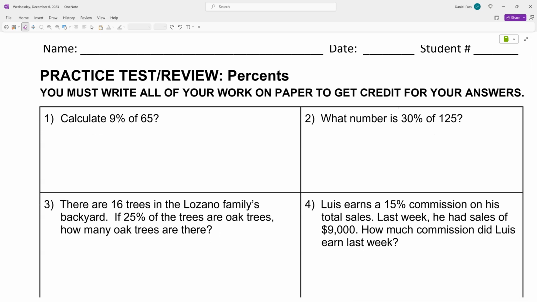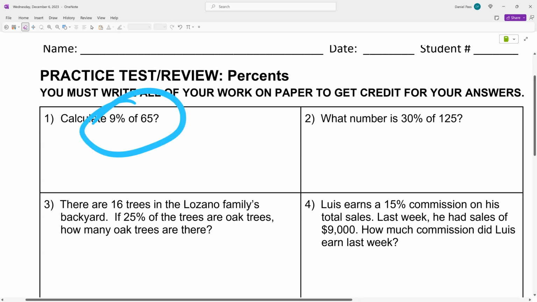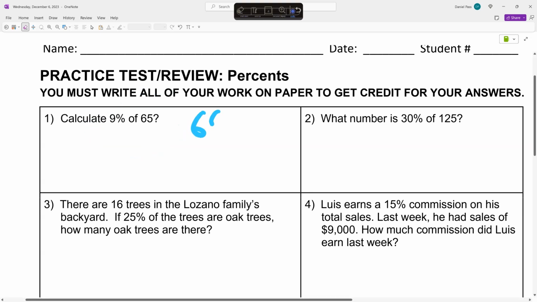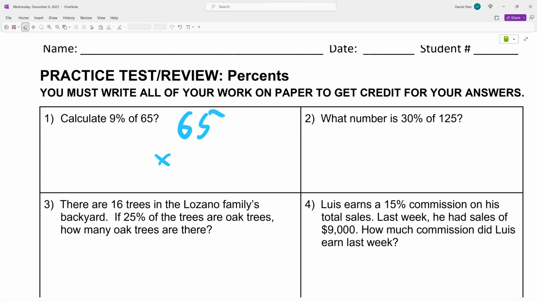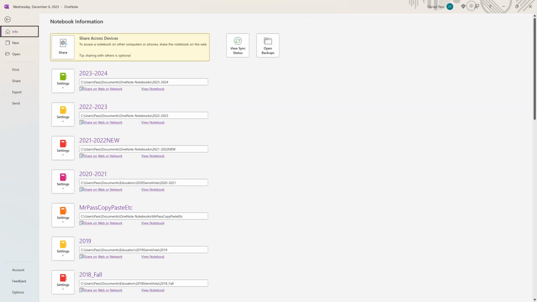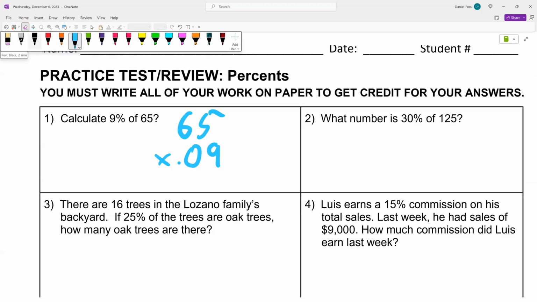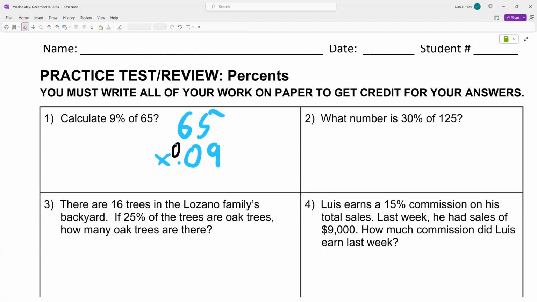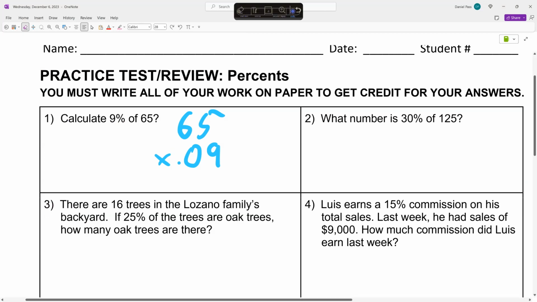Here we go. Anybody want to tell me how to do this? You do 65 times 0.09. Now you don't have to have the zero in front of that. You really don't need it.